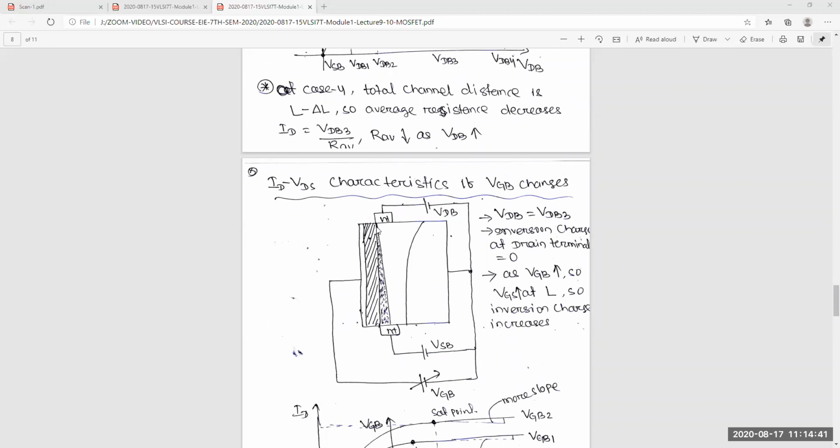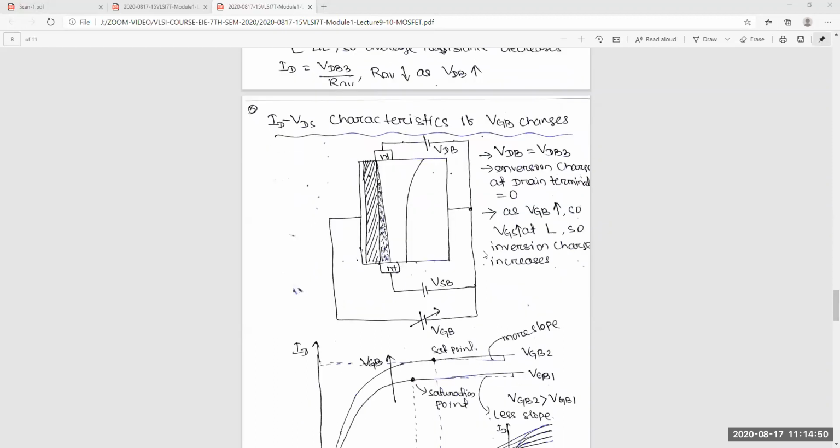In this case, if we change VGB, the gate to bulk voltage, what will happen? We'll discuss that here. VDB is equal to VD3, inversion at the drain is 0. As VGB increases, so does VGS at L, so the inversion charge increases. In the first case I gave the example 0, 1, 2, 3, 4, 5.